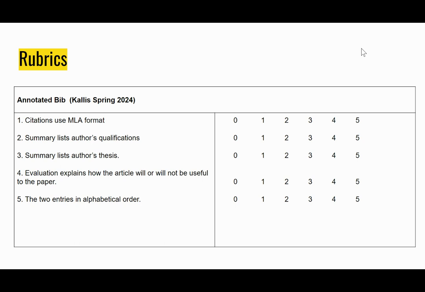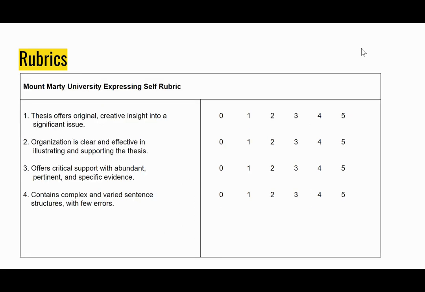Finally, are those two entries in alphabetical order by first word of the entry? So perhaps you don't have an author, then the first letter of the article title, and if it is the author, are they both in alphabetical order? And as always, the Mount Marty expressing self.